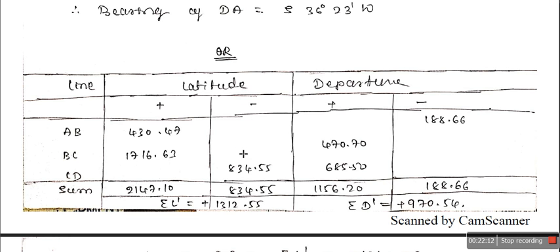Just add all the values in the columns, positive and negative, in departure and latitude. The difference of these two will give this one. So the difference of this one and this one, we get summation of d dash is equal to plus 970.54.